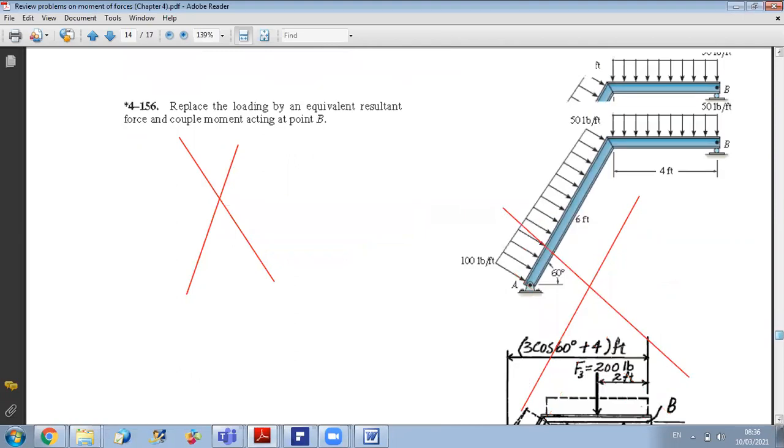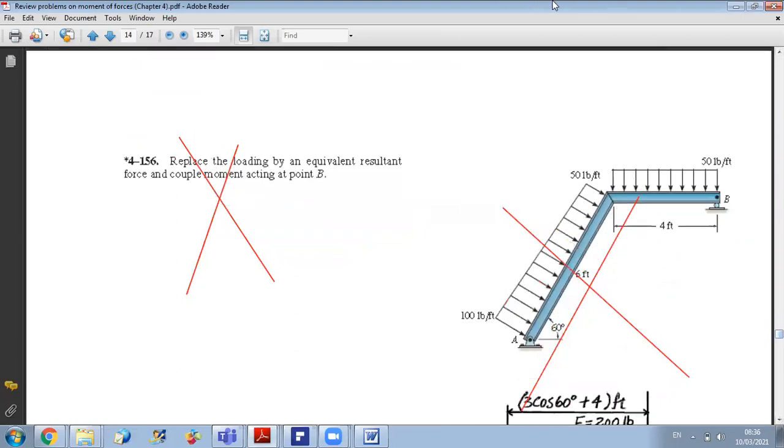Okay, so let's do this one. Replace the loading by an equivalent resultant force and couple moment at point B. So here we have a system of distributed loads acting on our structure, and we want to reduce the system to point B. So first, as usual, we start to replace each load by a force and determine its point of application.